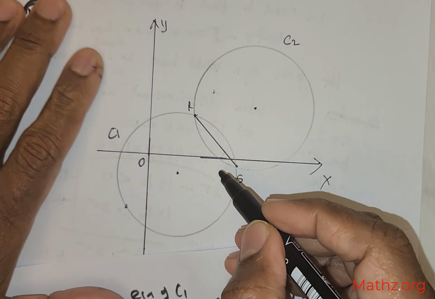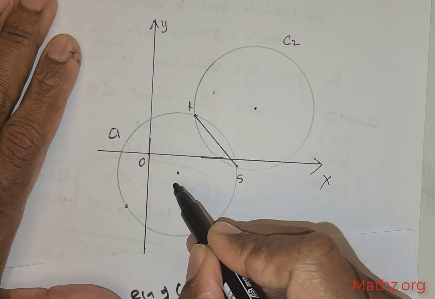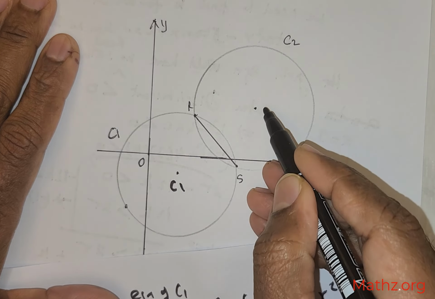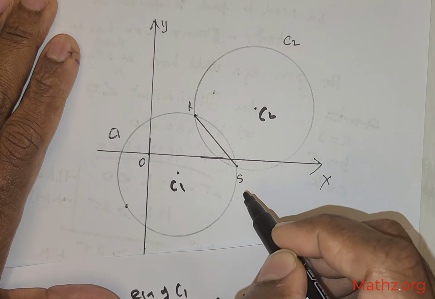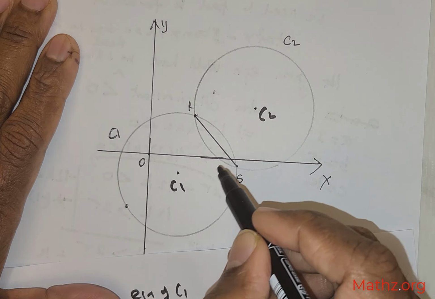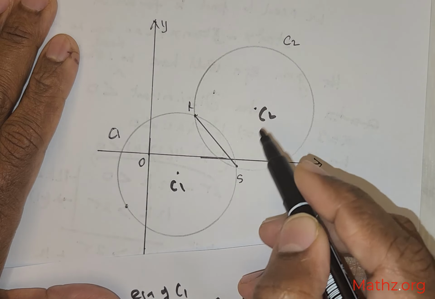For that we will have to actually obtain the perpendicular line to RS. That perpendicular line is actually the line that is passing through our C1.